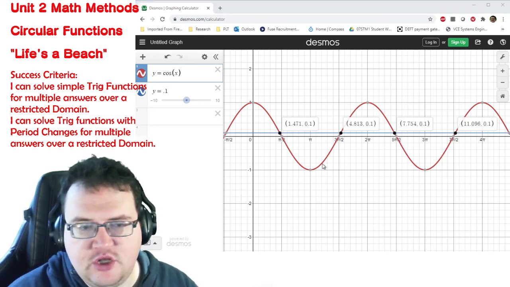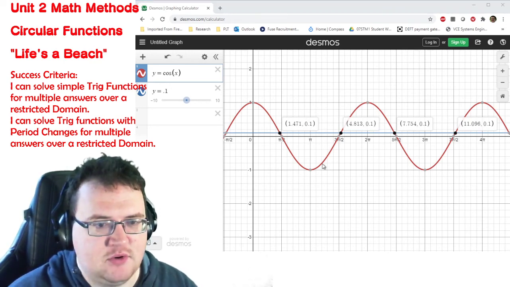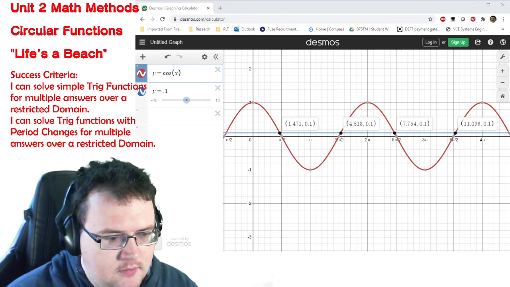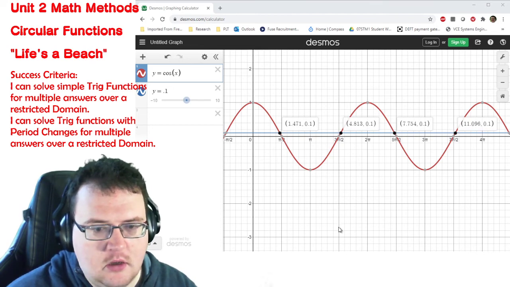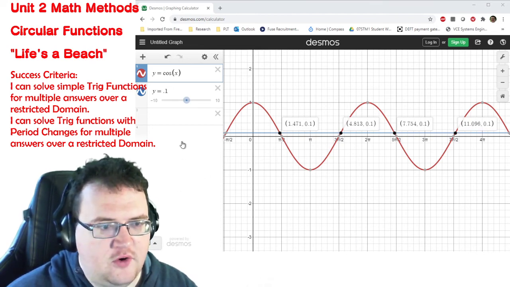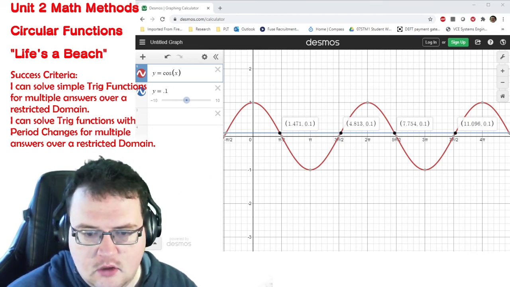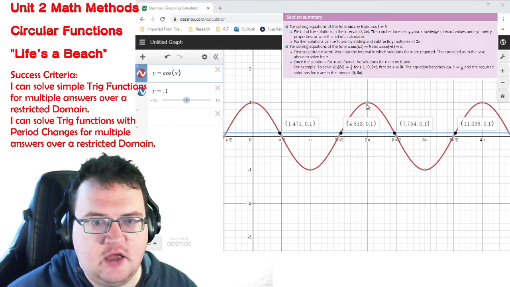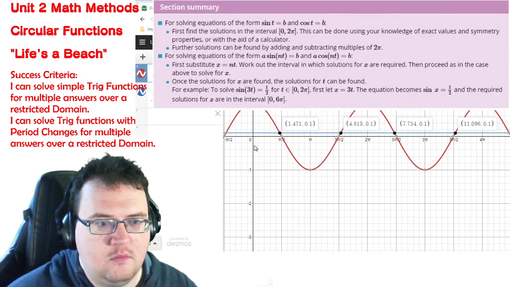And I want you to make sure that you have a look at the written worked examples of the textbook that go with this, because it's a very good explanation for you guys. So this is the table that goes with what we've been talking about.